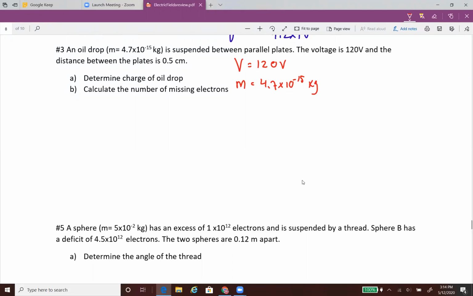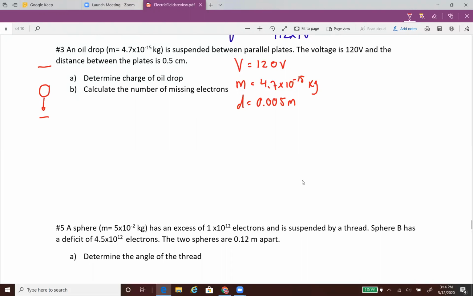And we have the distance between the plates, which has to be in meters, so we're going to convert that: 0.005 meters.